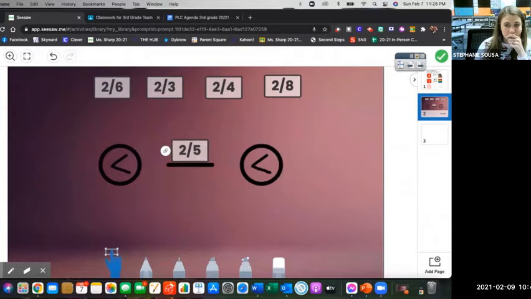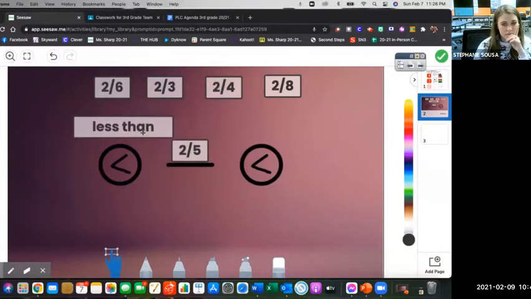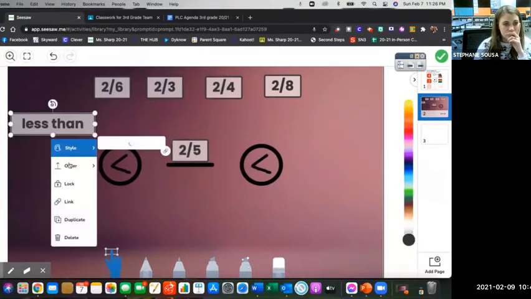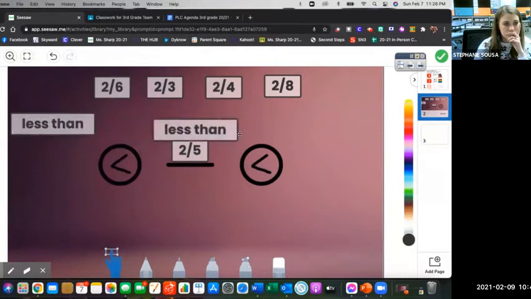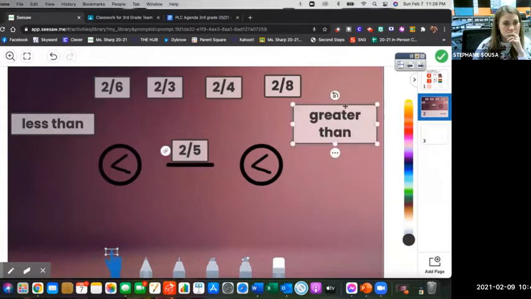So on this side are going to be fractions that are all less than my 2/5 in the middle. And then here, 2/5 is less than these fractions over here. So on this side, I'm going to be putting fractions that are greater than my 2/5. So this is how this comparison sentence chain works.